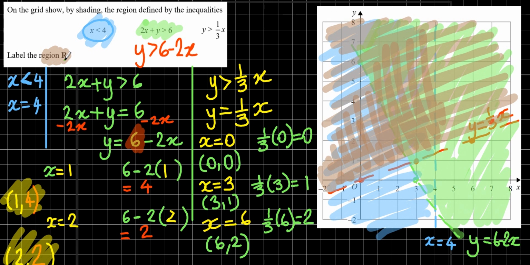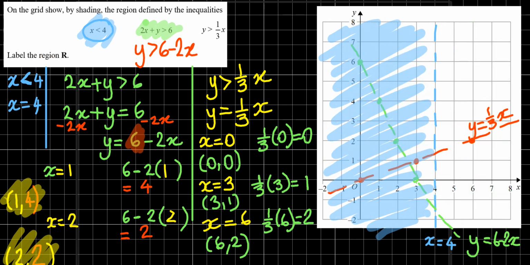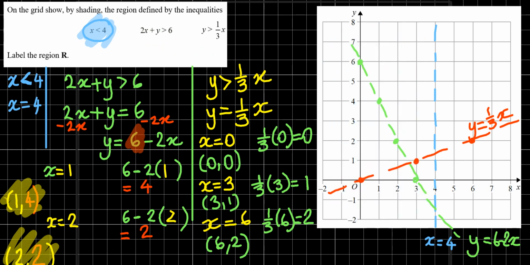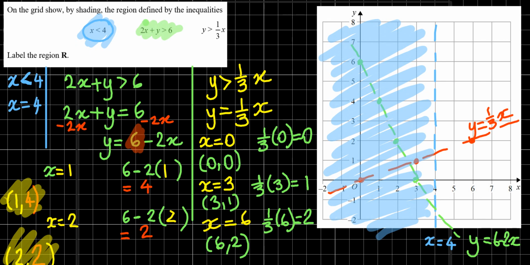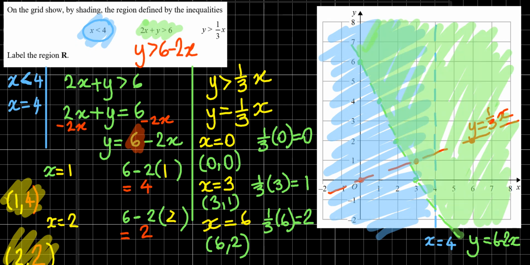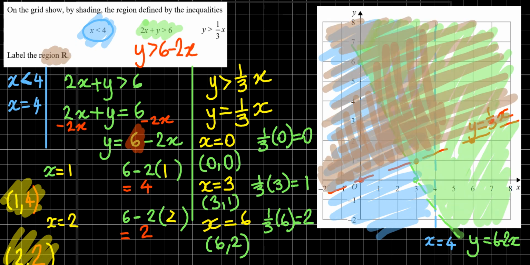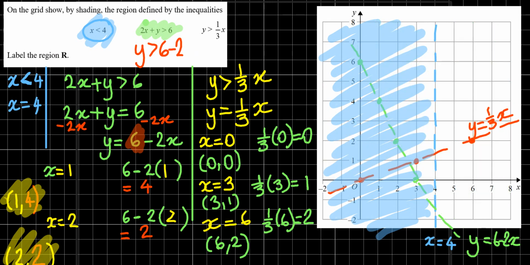So I'm expecting 3 shades. If I undo, as you can see, the region where everything is shaded is this section here.